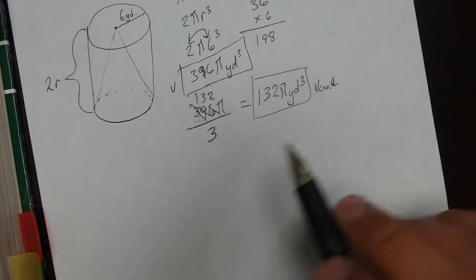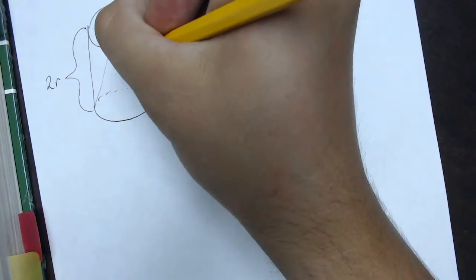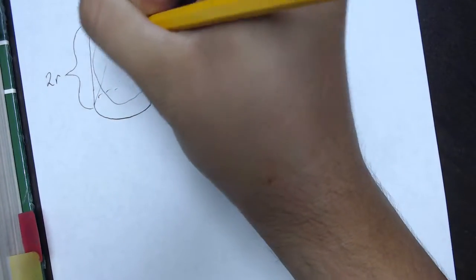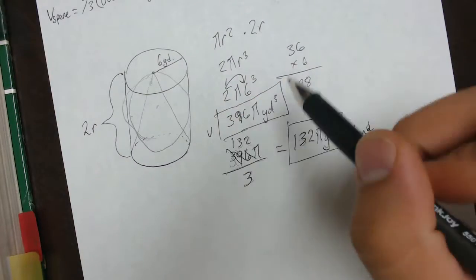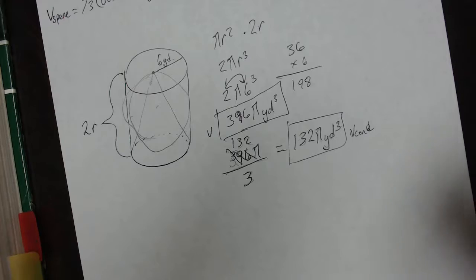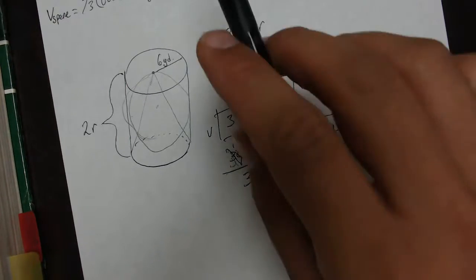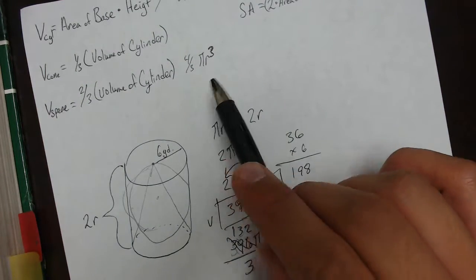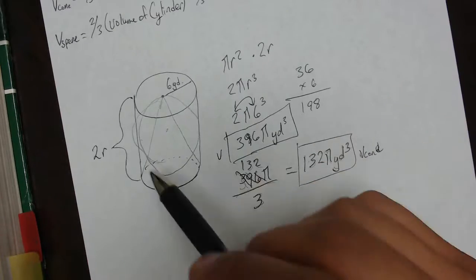Now, if we wanted to find a sphere for the same cylinder, so let's say there's a sphere that is enclosed in this cylinder. I'm going to take 2/3 times that total volume. So I could either take the volume of the cone and double it, or I could use this equation up here, 4/3 pi r cubed. I'm going to go ahead and use that equation so you guys can see what it looks like. Such a beautiful sphere.